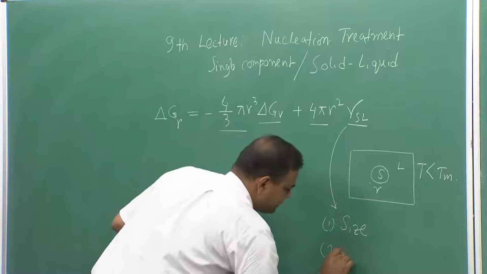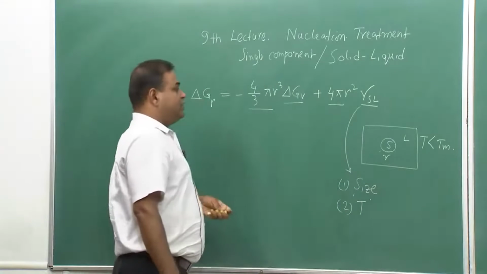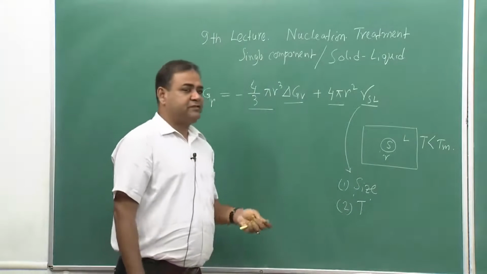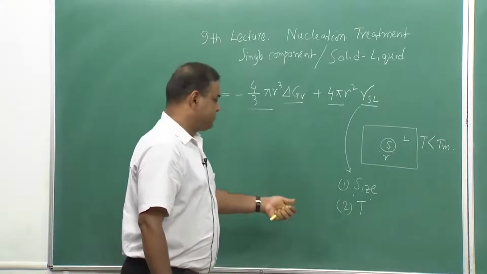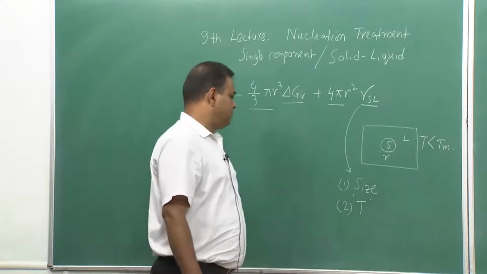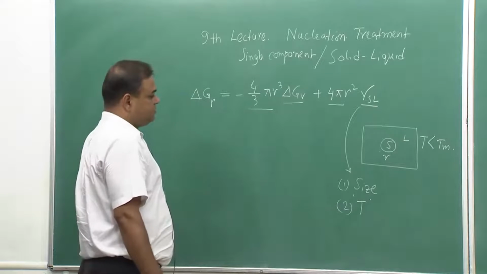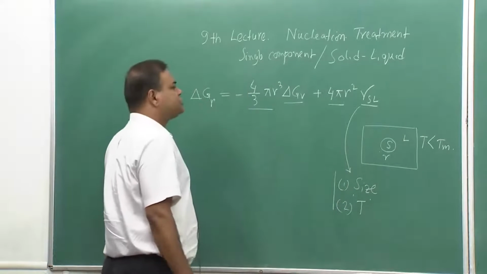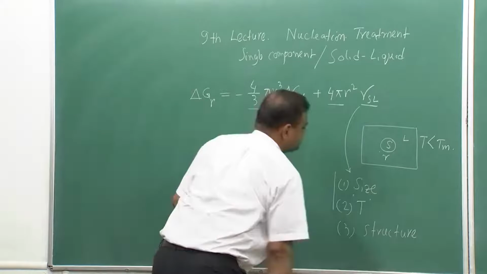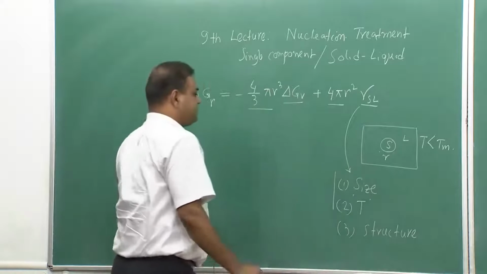It can depend on temperature, because the interface is always a kind of entropy term. So, that entropy term also would depend on temperature. Mainly these two, and it also depends on the structure of the interface.